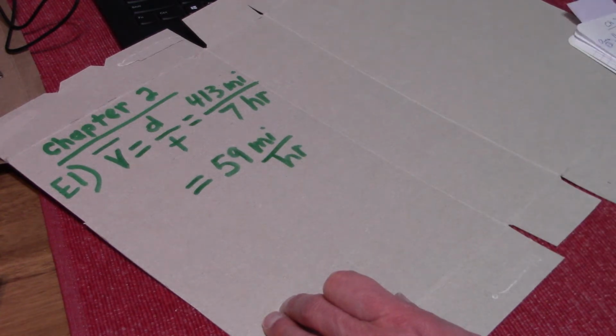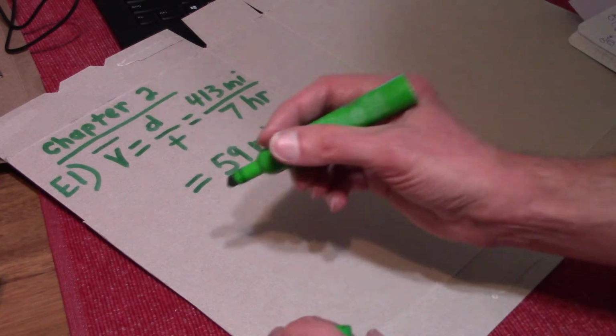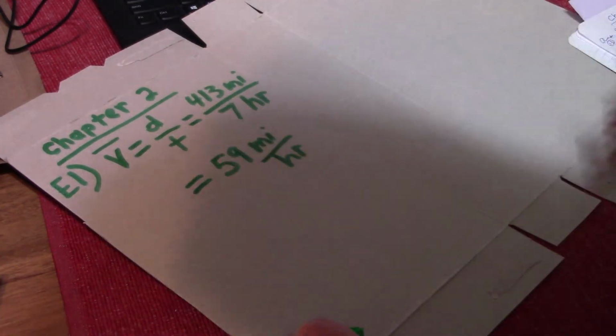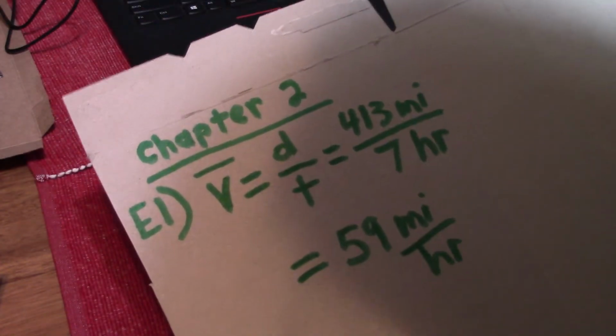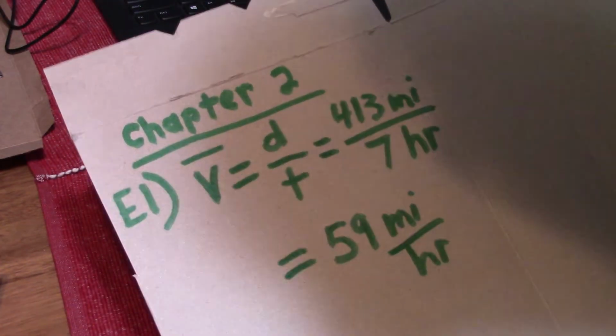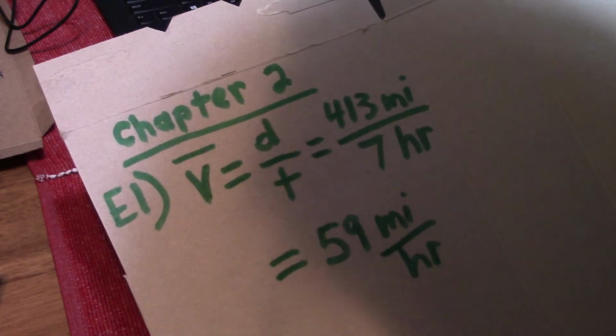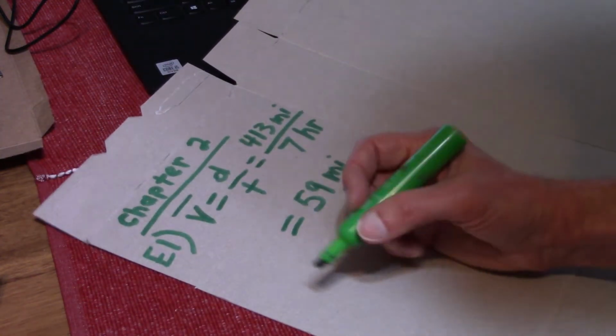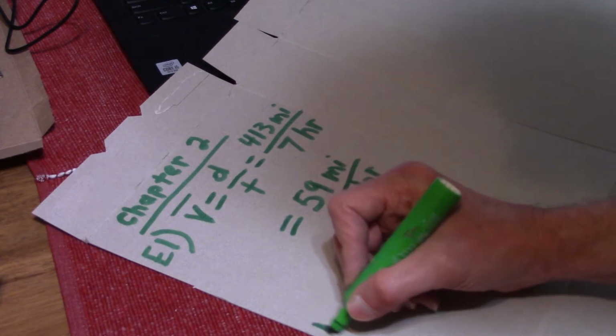Okay, pretty straightforward. Now let's do number 5. So this is E1, and I'll show you all of this afterwards. So, okay. Now we'll do E5.